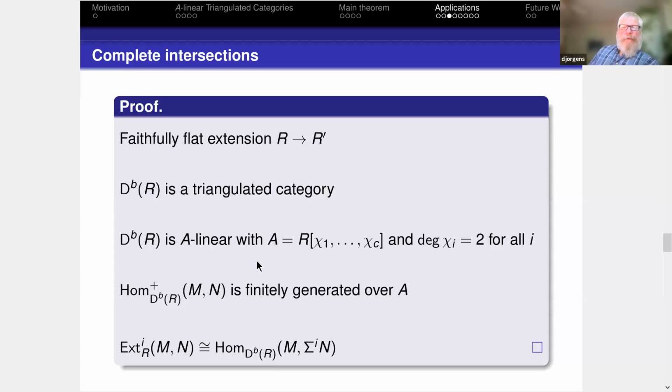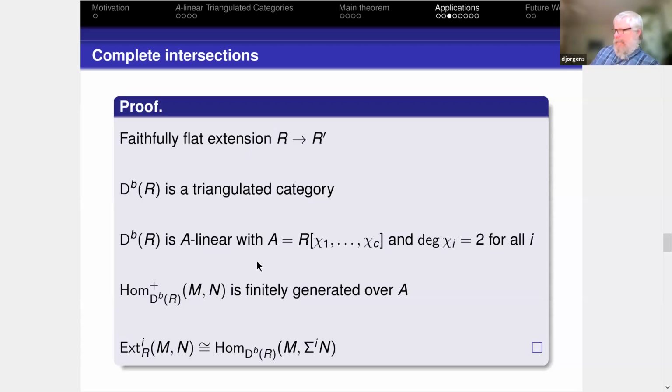And then you look at the bounded derived category of the complete intersection R. This is a triangulated category, and in fact it's A-linear, where in this case A is a polynomial ring with coefficients in R in c variables, each of them having degree 2.